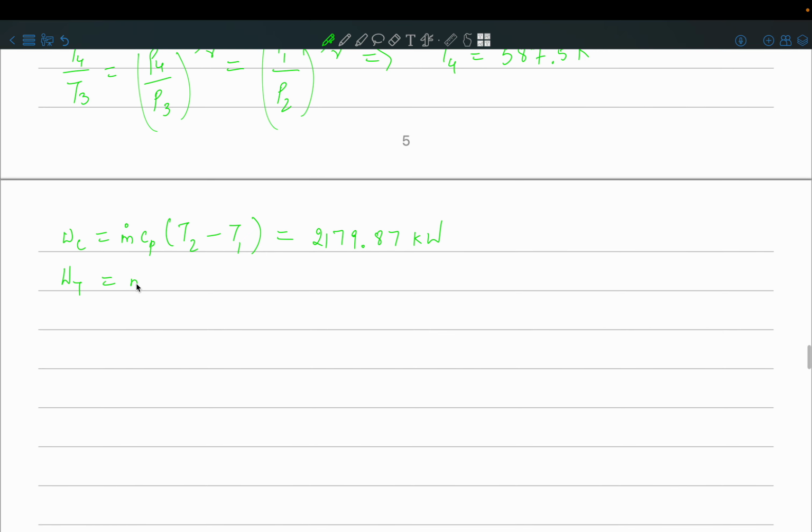Work of the turbine is again m dot Cp into T3 minus T4, which is equal to 4131.39 kilowatts. Okay. Any doubts over here? Okay.